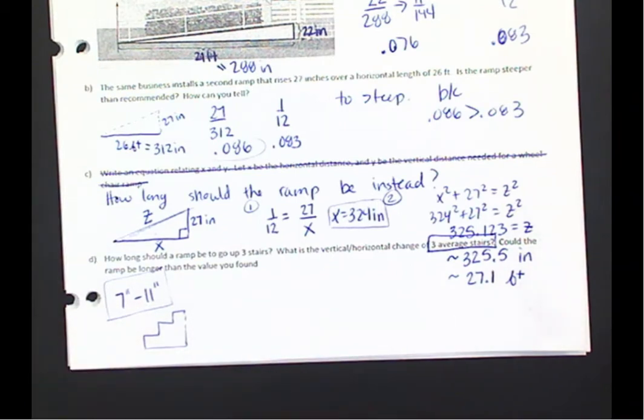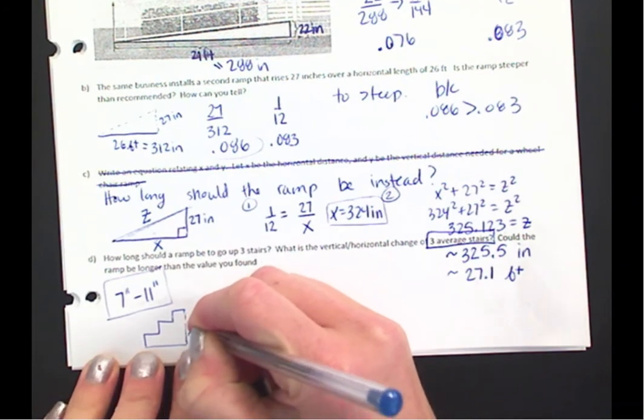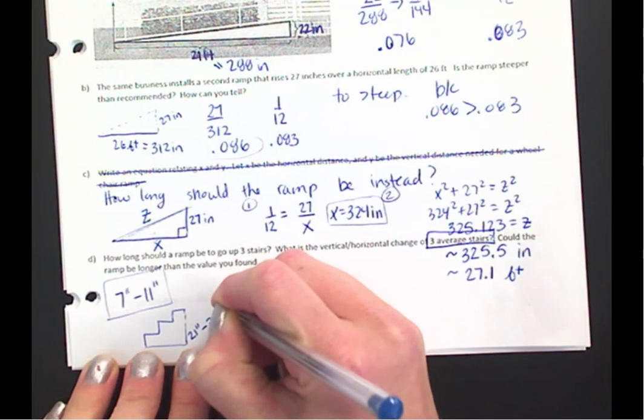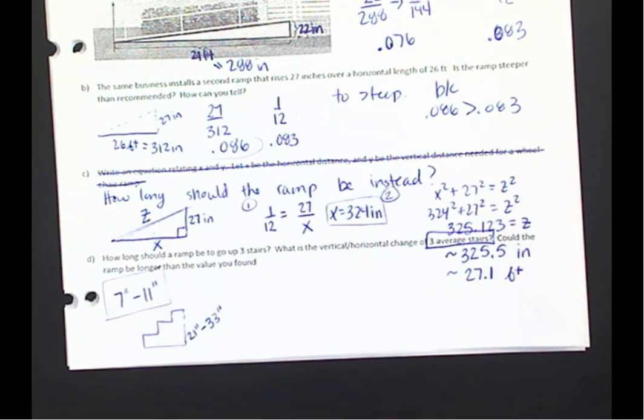So 7 inches, so it could be 21 inches to 33, right? Minimum, maximum height.